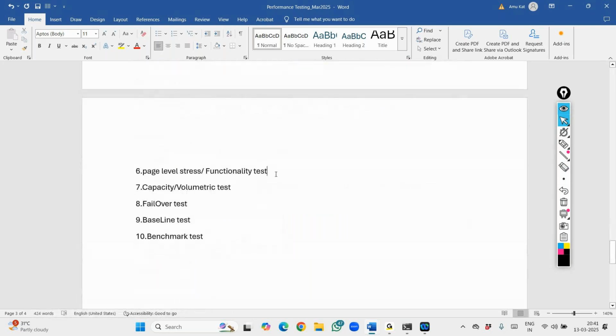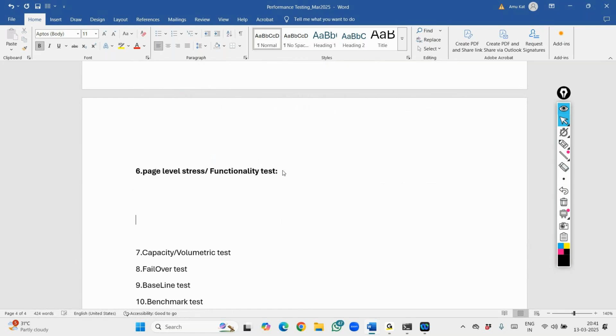And moving to the 6th, page level stress. For this we can simply consider IRCTC Tatkal time. So how will our application look? If you consider this as your server monitoring, the day starts at 9 and let's consider up to 12 a.m. From 9 all the users will be up.